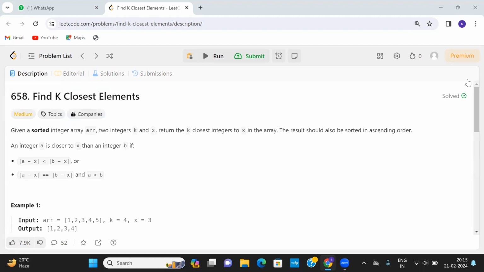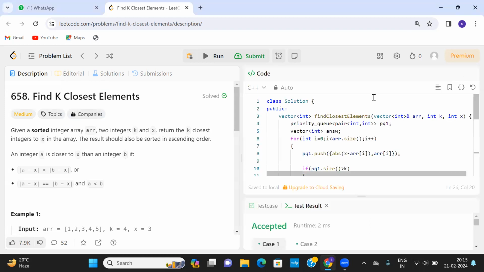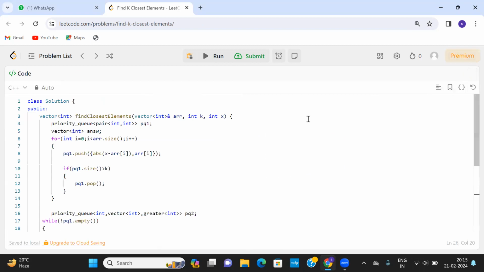Now let us understand this question with the help of code. We are going to follow a 3-step approach. The very first step is to find the absolute difference of each and every element to our integer x, and after finding the absolute difference, we put those elements in our max heap. Why are we putting it in a max heap? In a max heap, the maximum element is at the top.